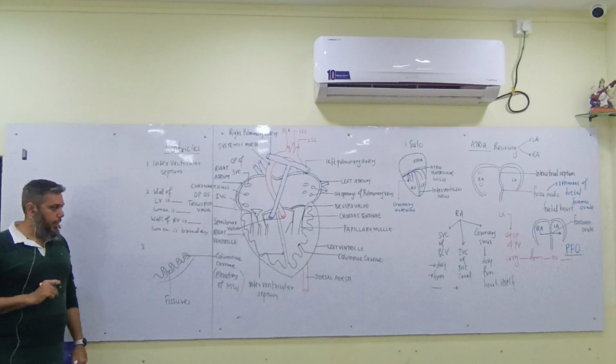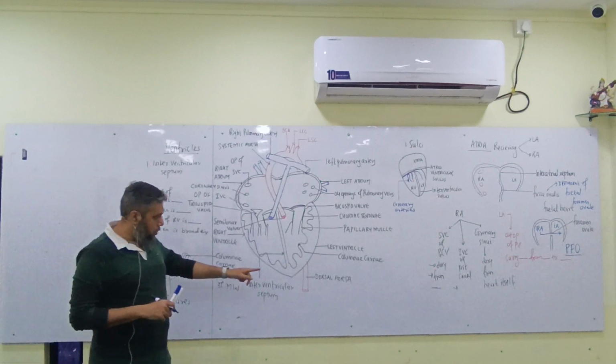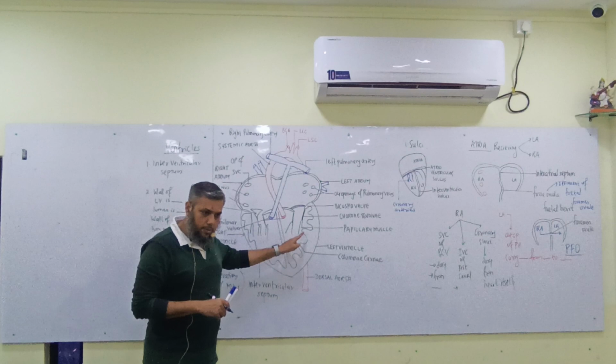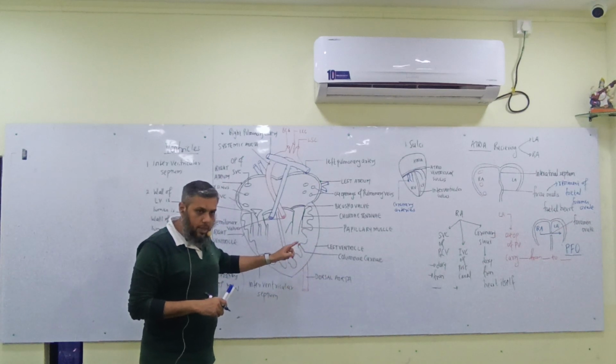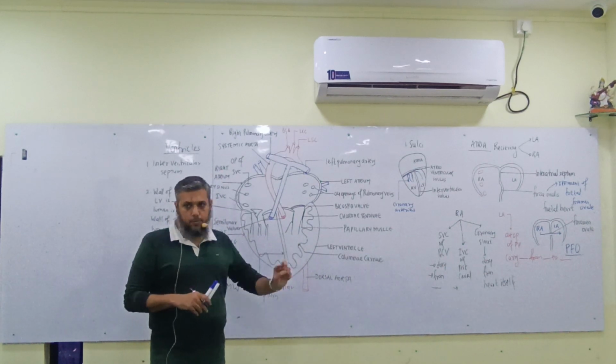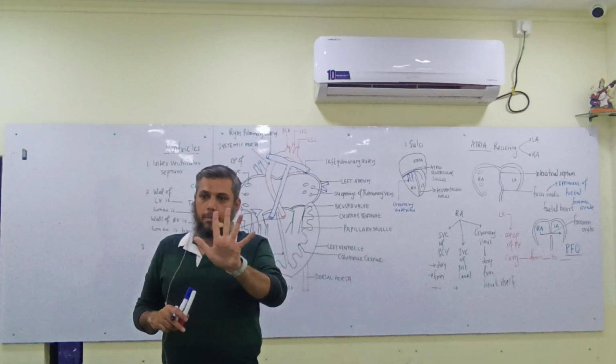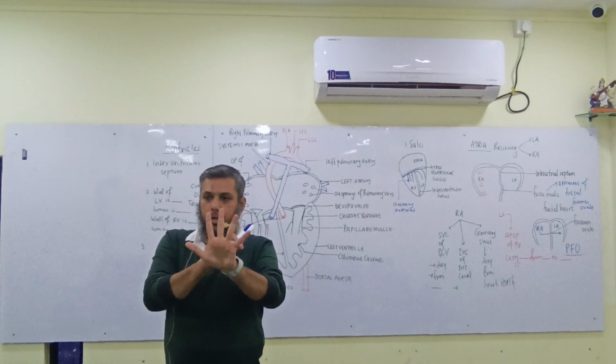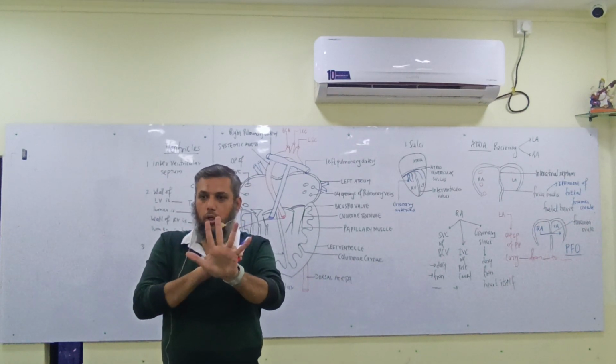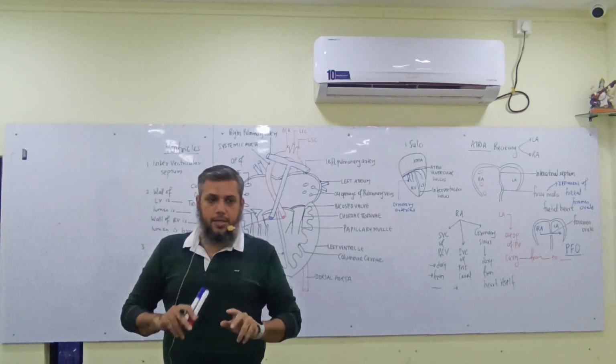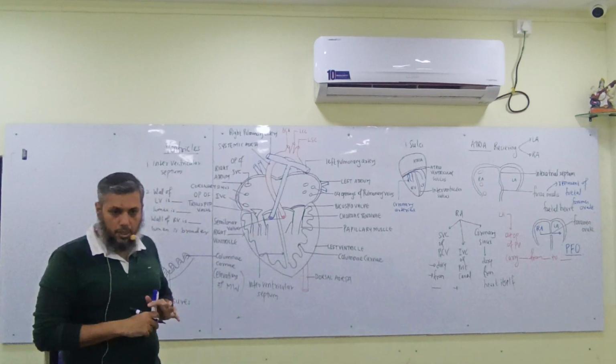Okay? Now pay attention to this point. There are many columnae carneae, but some of them are taller than the others. Like in these five fingers, these are all columnae carneae, but the middle finger is the tallest, and I'll call it papillary muscle. What will people call it?